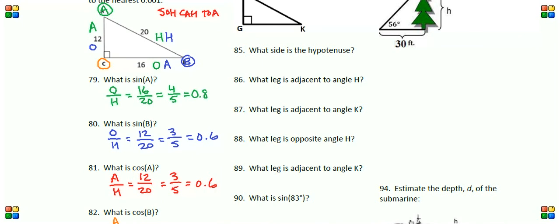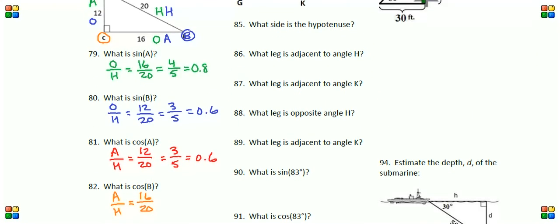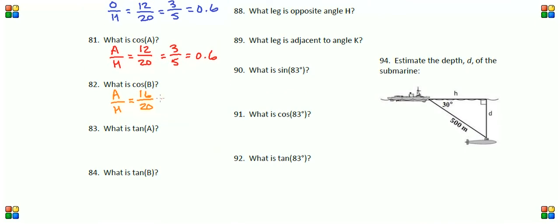We've got 16 over 20, which is the same as sine of B. This is the same as sine of A, which was our first question. Sine of A was 16 over 20, same thing. Divide by 4, we get 4 over 5, and that is equal to 0.8. We'll continue with these last two questions on the next video.